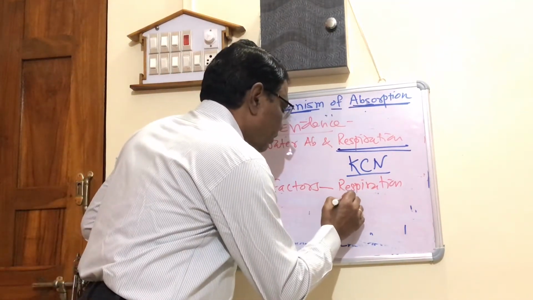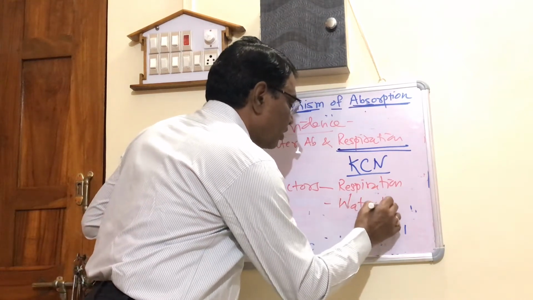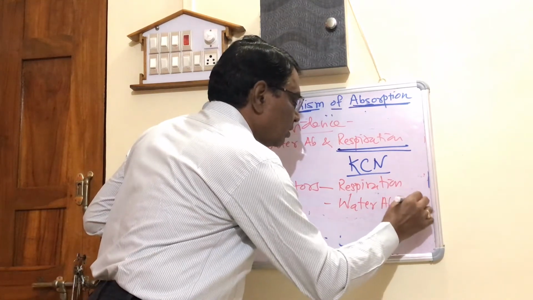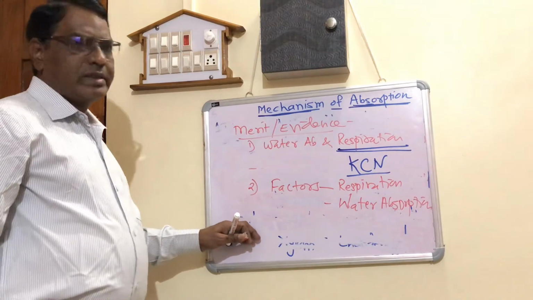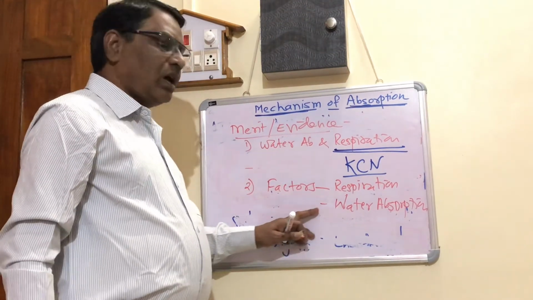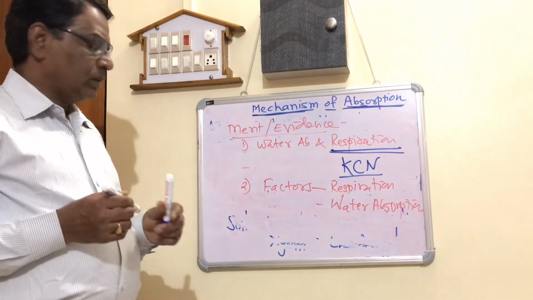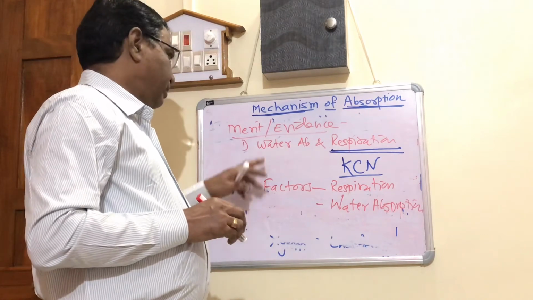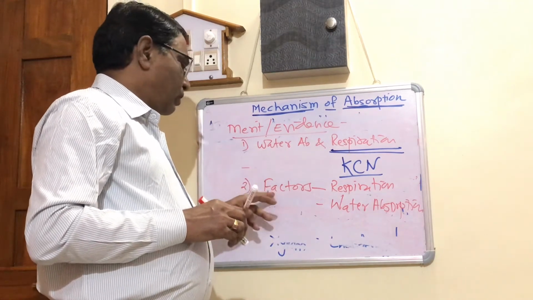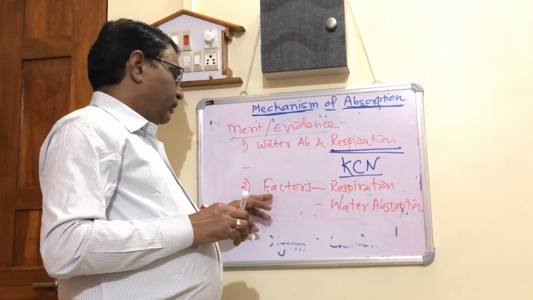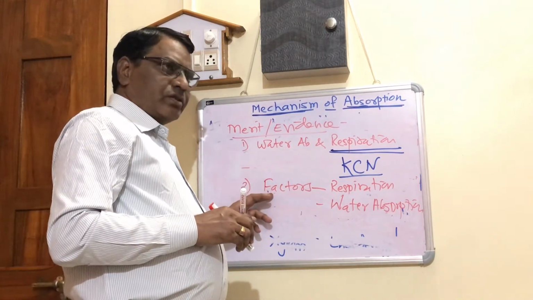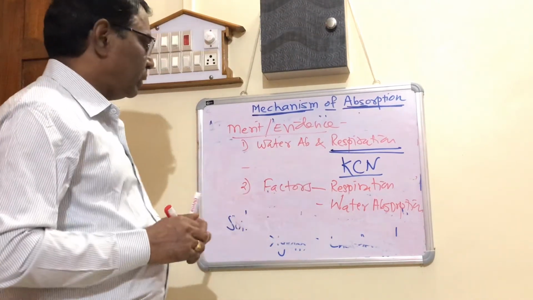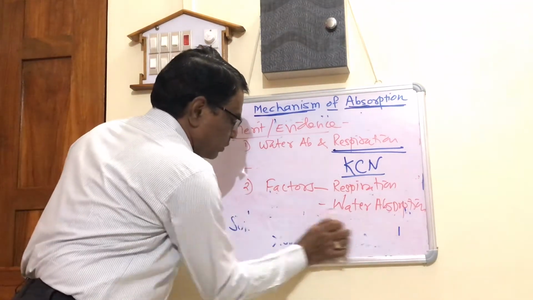So here water absorption and root cell respiration are closely linked with each other, and as a result, the practical evidence for this theory comes from the observation of plant physiologists that most of the factors that affect respiration also affect water absorption.